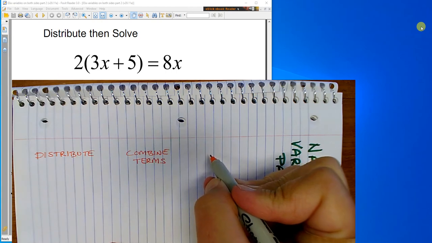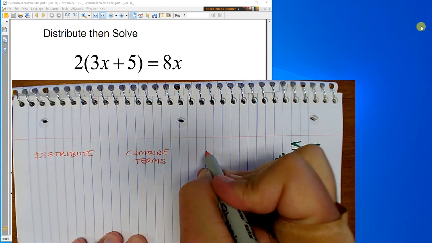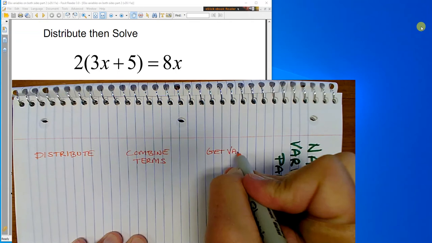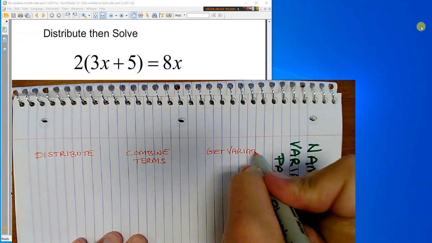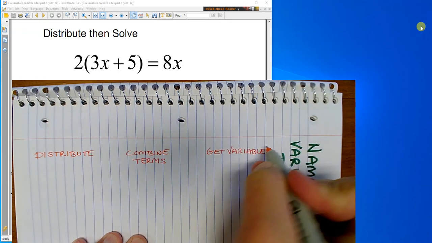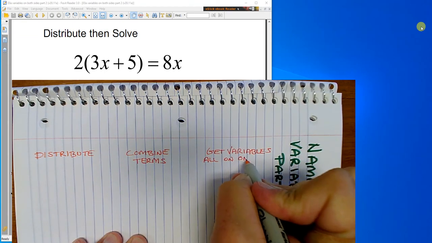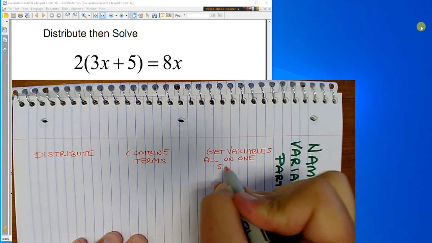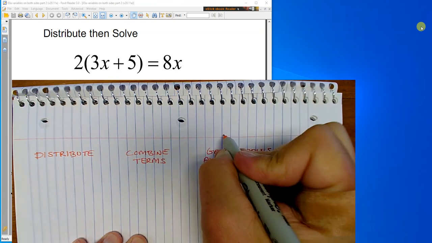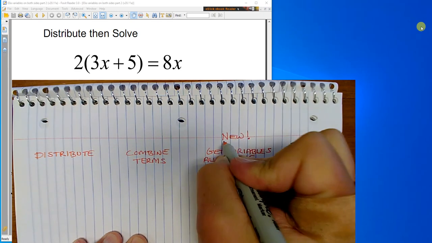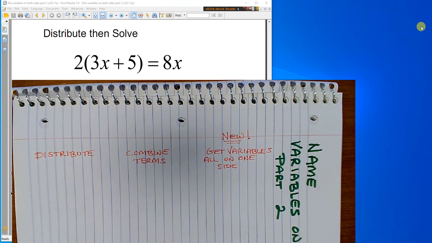Then get variables all on one side. And that's the new step here. This is the new exciting thing right there. These other steps we've already had on our flow maps before.